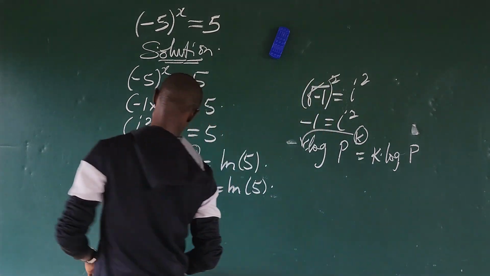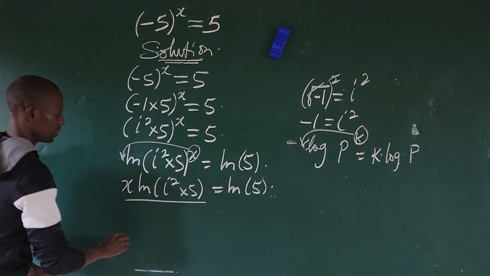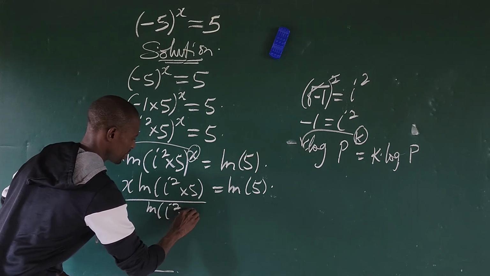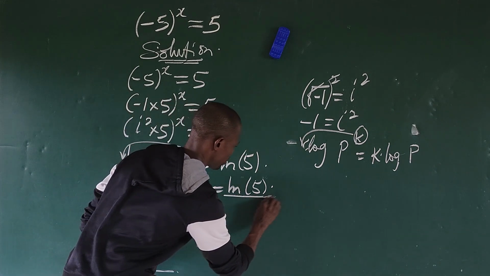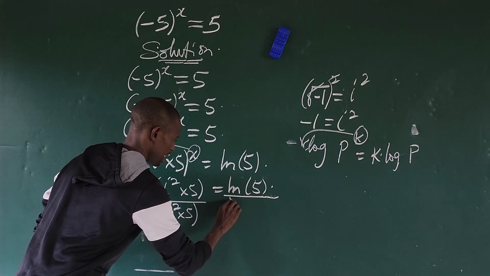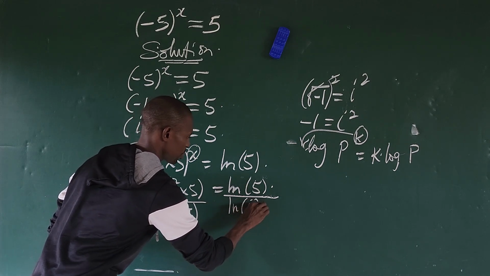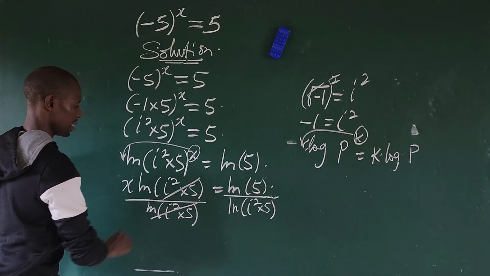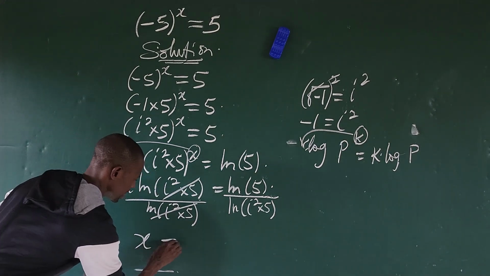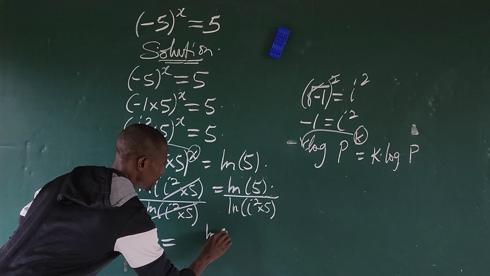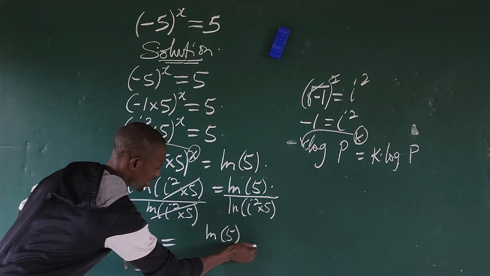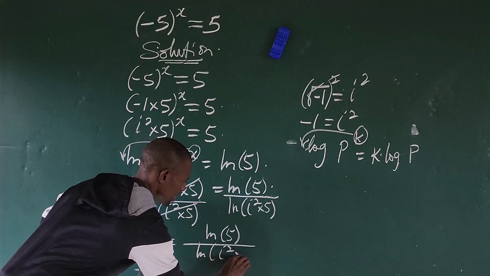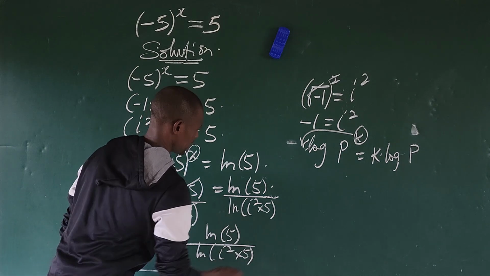Okay, so if we divide, it's going to give us ln 5 all over ln(i² × 5). So we now have x equal to ln 5 all over ln(i² × 5).